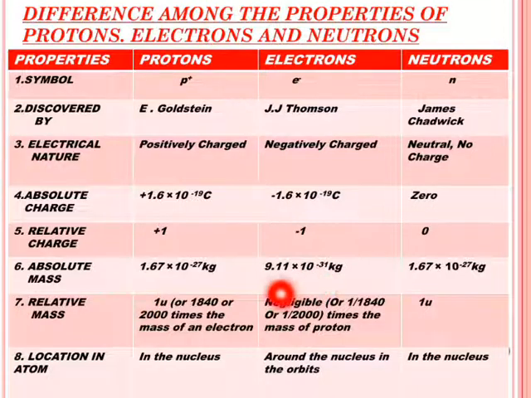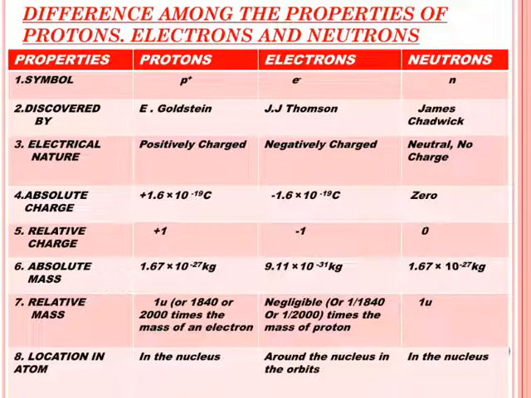The mass of electron is negligible, and if it is compared with mass of proton, it comes out to be 1 upon 1840 times or approximately 1 upon 2000 times the mass of a proton. Mass of neutron is equal to mass of protons, so relative mass of neutron is 1 unit.